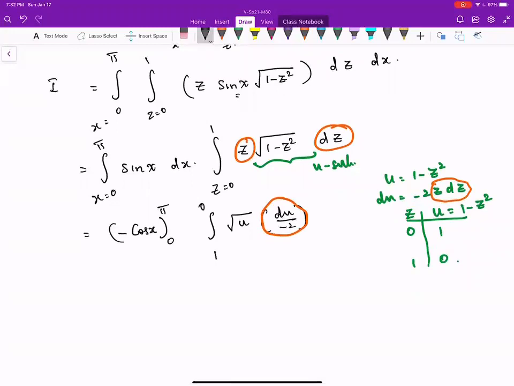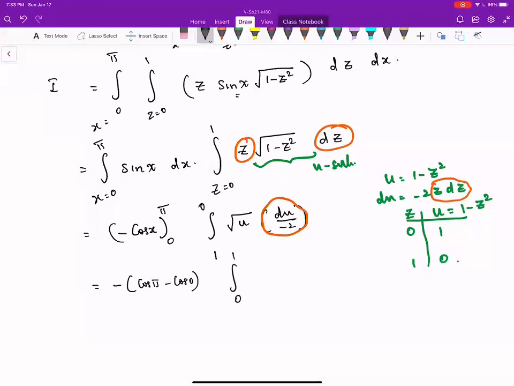So I can combine. For this part, negative cosine x is negative cosine pi minus negative cosine of 0. Then for the other part, you can take the minus sign and flip the integral limits.